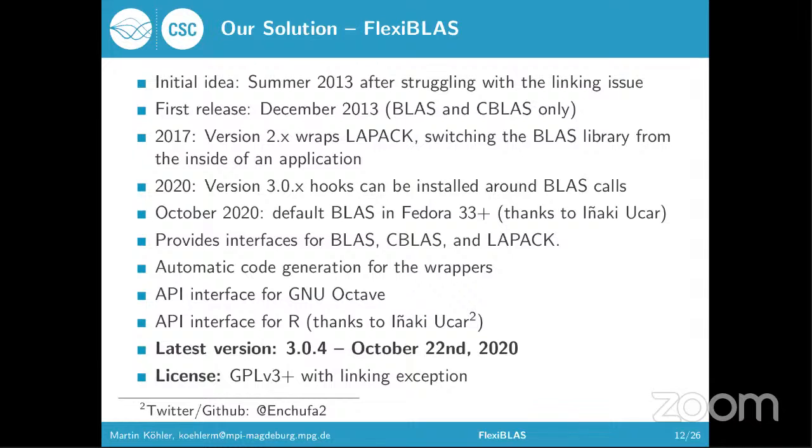And for those who care about licensing, it's GPL version 3 code, but we included a linking exception similar to the one from the GCC, which allows you to link even proprietary software against FlexiBLAS without doing a GPL violation. So you can use it in whatever code you want, as long as you link it, then everything is fine and you don't violate the GPL.